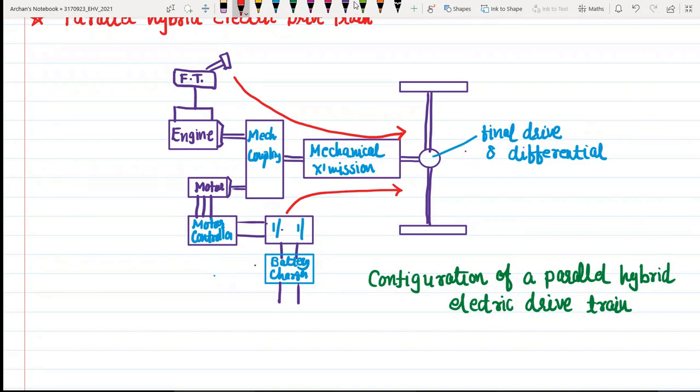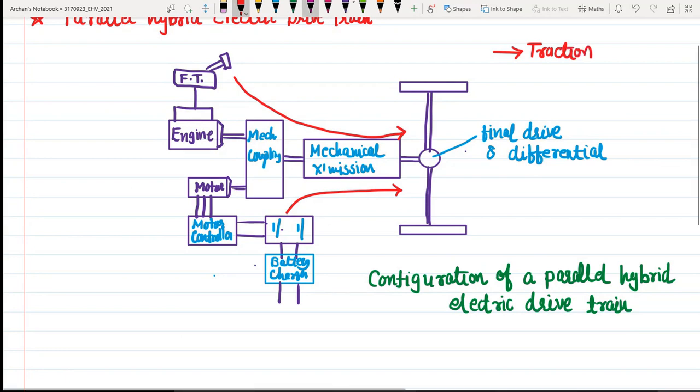You can see we now have two different sources which can supply the required torque. This is advantageous in many ways compared to the series hybrid electric vehicle, which is why we find frequent use of the parallel hybrid electric drivetrain. This is about delivering power to the load, and this red line indicates traction.